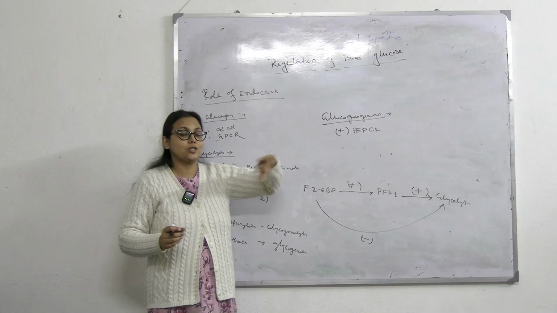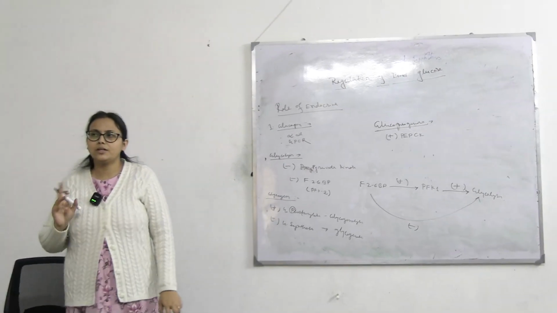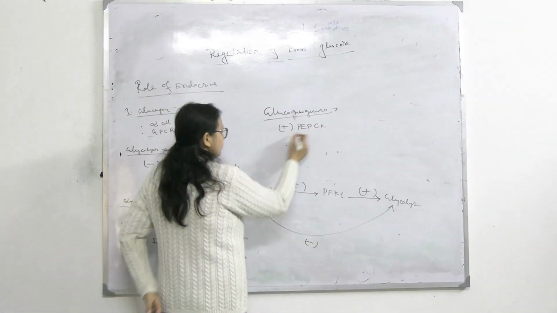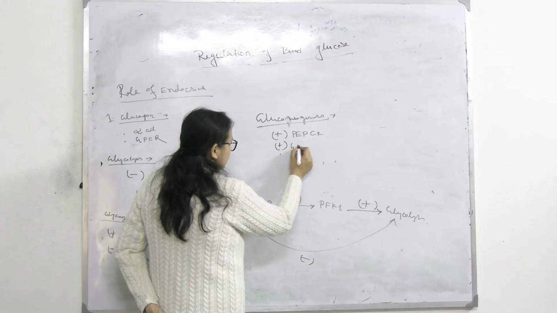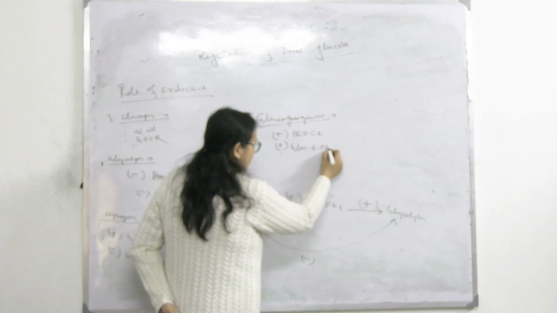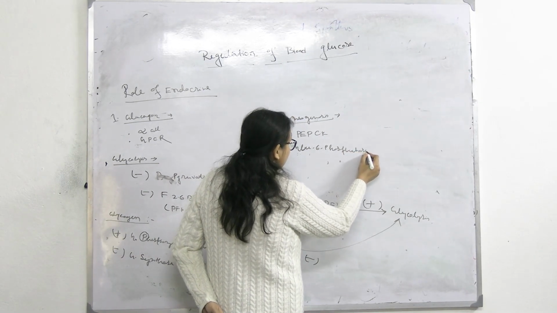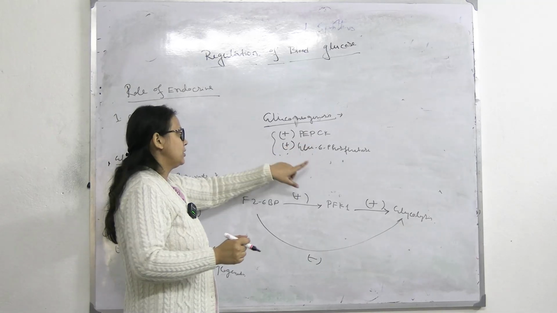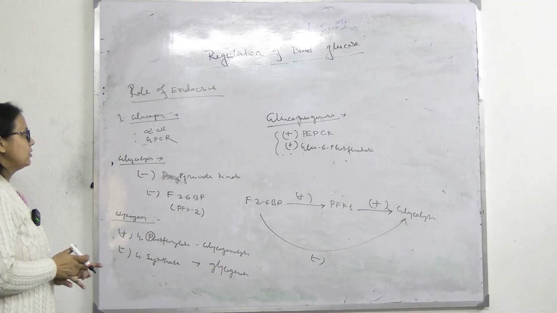From which substance to which product? Oxaloacetate to phosphoenolpyruvate. It activates phosphoenolpyruvate carboxykinase and also activates glucose 6-phosphatase, these two enzymes. This is for gluconeogenesis.